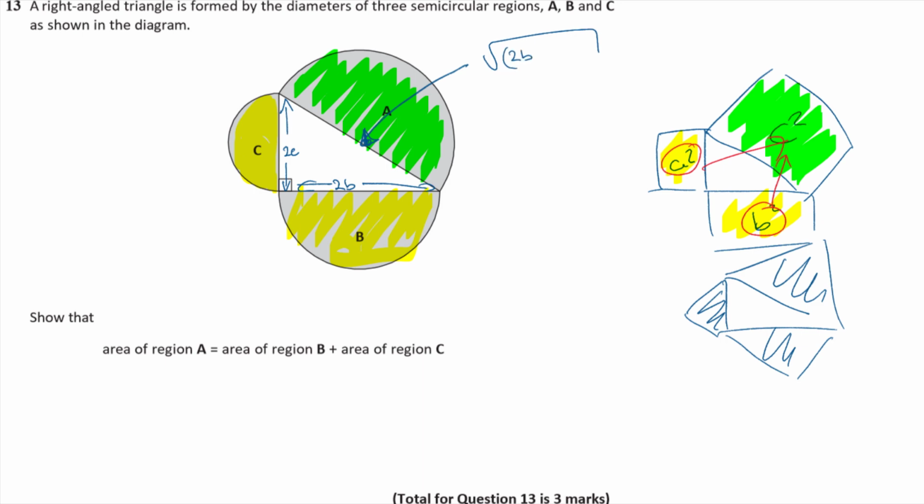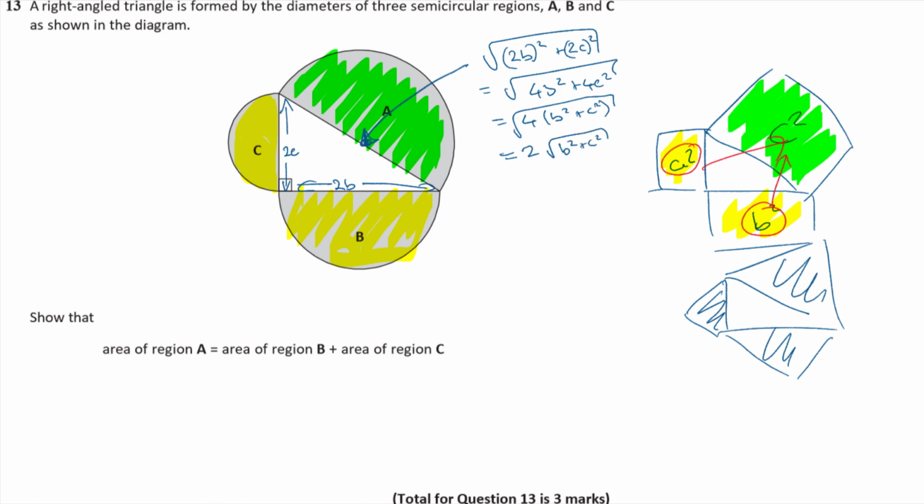2b squared plus 2c squared, okay, which is the root of 4b squared plus 4c squared. Okay, now I can factorize out 4 out of those two and say that's 4 lots of b squared plus c squared, all rooted, and then I can break that root down into 2 and say root 4 is 2, and then I've therefore got the 2 lots of the root of b squared plus c squared.